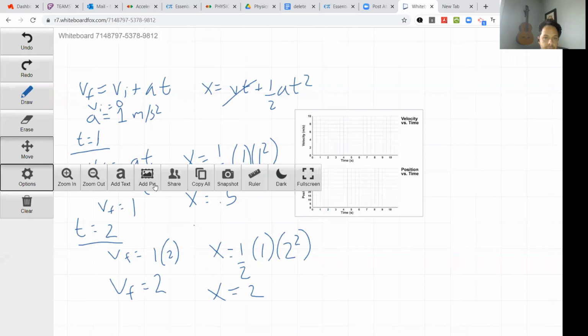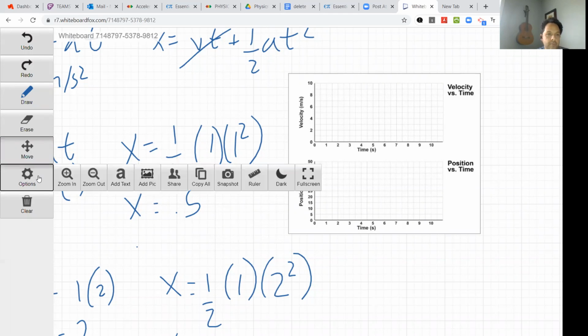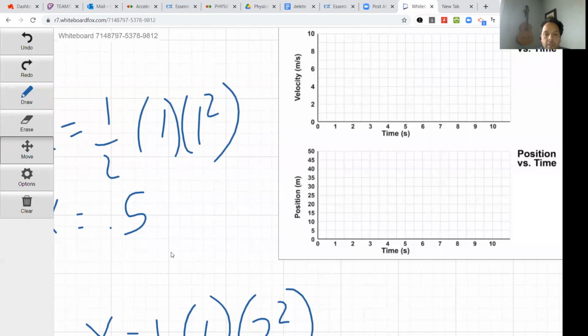Okay. So I'm going to start graphing. My first ones are for velocity.